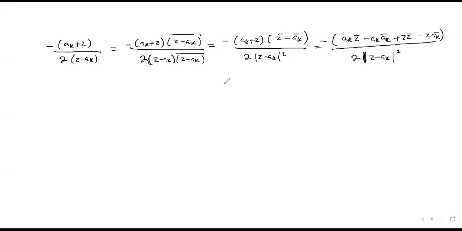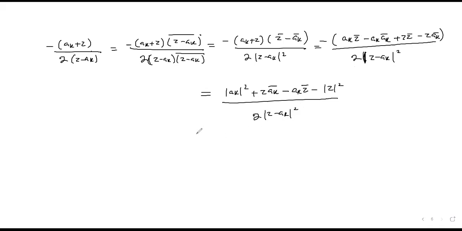Okay, so this can be further simplified as, taking the minus inside, ak into ak bar is modulus of ak squared, then plus z into ak bar minus ak into z bar minus ak, then I have minus modulus of z squared, whole divided by, I should have, twice modulus of z minus ak, whole squared.